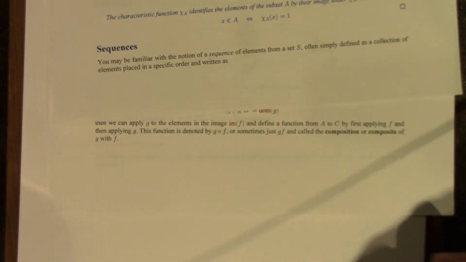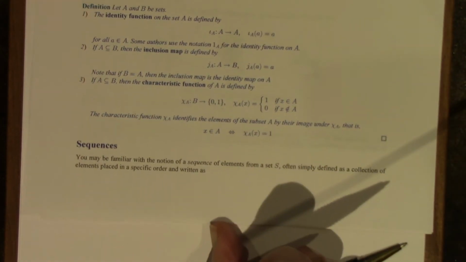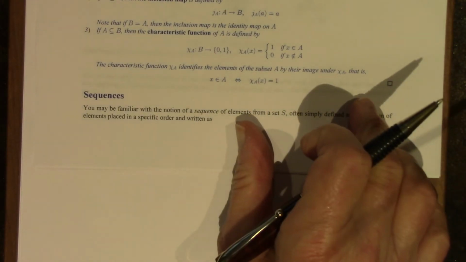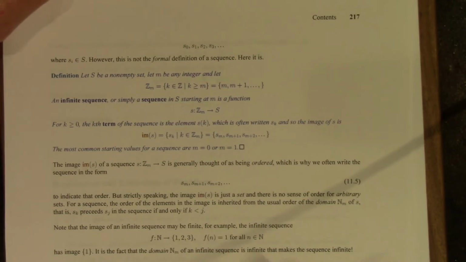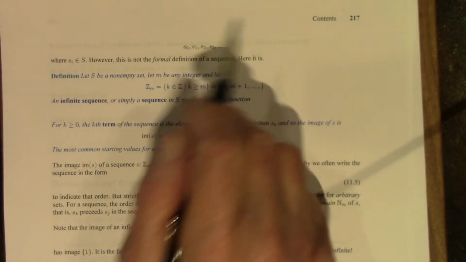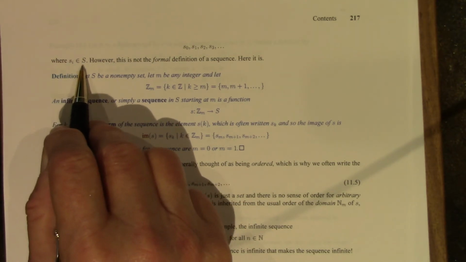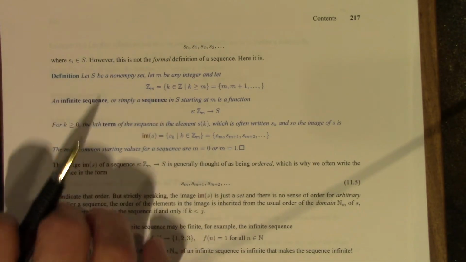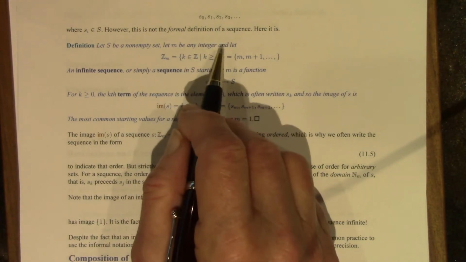You may be familiar with the notion of a sequence from your studies in calculus. Sequences are generally defined as just in this form here: s naught, s1, s2, s3, dot, dot, dot, where the elements or terms of the sequence, little s sub i, come from the underlying set, capital S. But this isn't a formal definition of the notion of sequence.